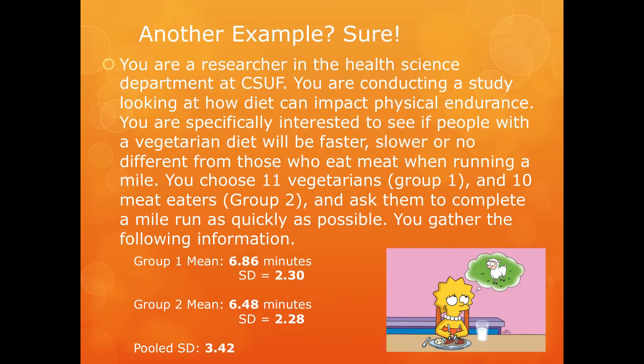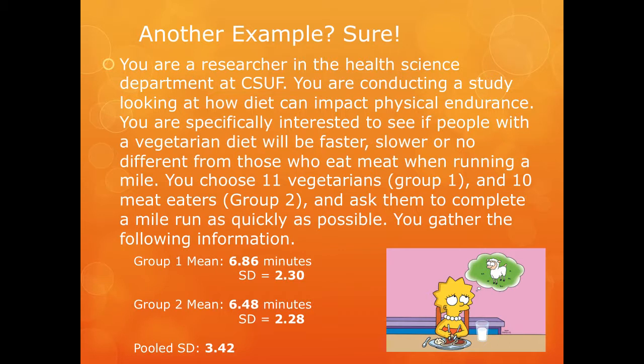And now let's do one more example. So here, let's read it. You're a researcher in the health science department at CSUF. You're conducting a study looking at how diet can impact physical endurance. You're specifically interested to see if people with a vegetarian diet will be faster, slower, or no different from those who eat meat when running a mile.